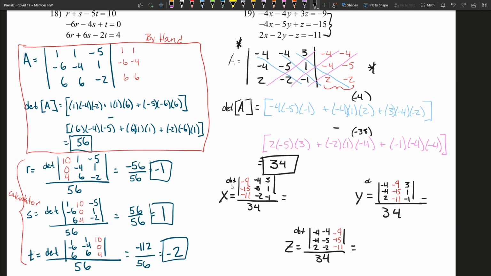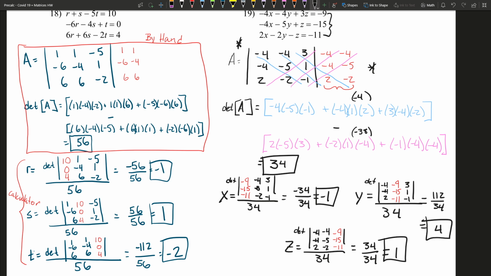When we do that, we should get this. So we should get x is equal to -1, y is equal to 4, and z is equal to 1.